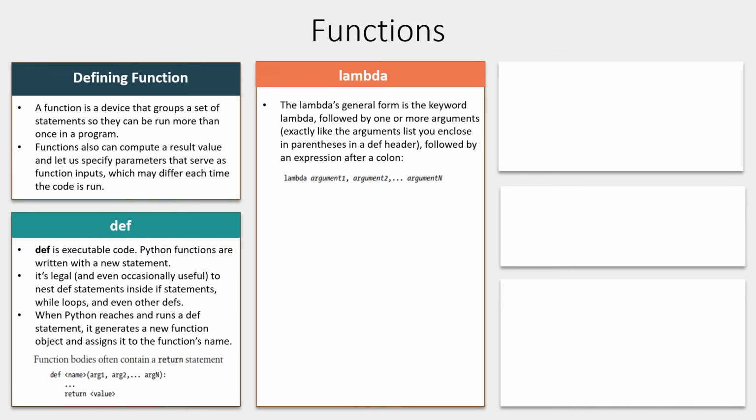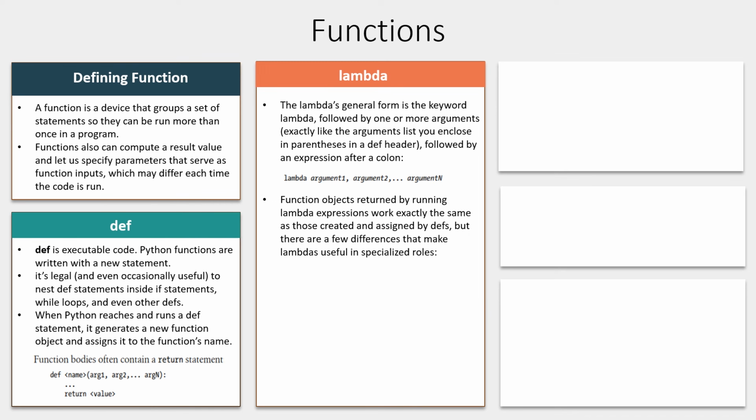This is an example. So we have a lambda keyword, then after that there are different arguments. Function objects returned by running lambda expressions work exactly the same as those created and assigned by defs.